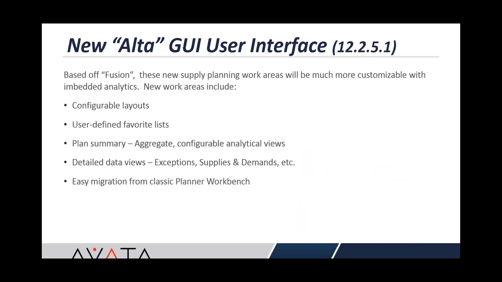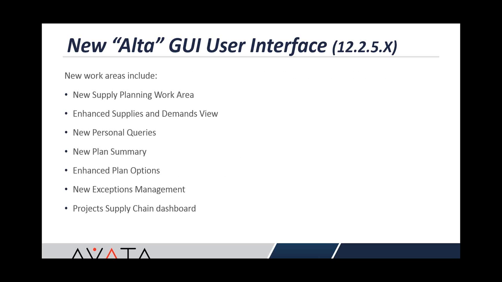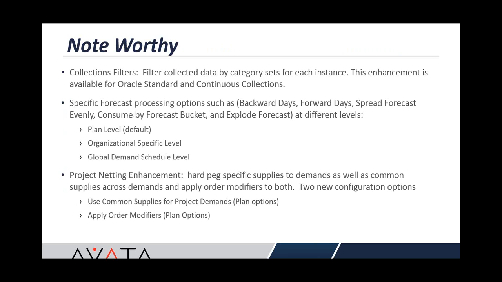So in the new ALTA GUI, as it's called, the interface looks noticeably different from the ASCP that you see today, and these points on the screen here are just some of the things that will be different, and you'll see this in more detail in Ed's presentation. But as you can see, there's a lot of work areas that are impacted by 12.2.5.